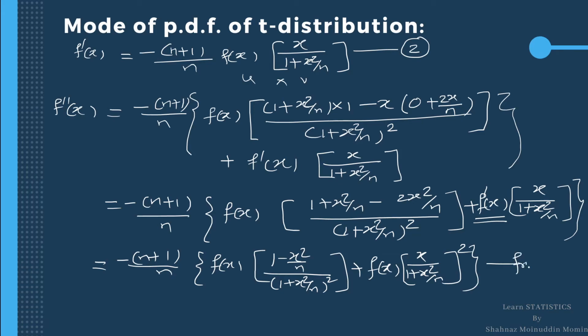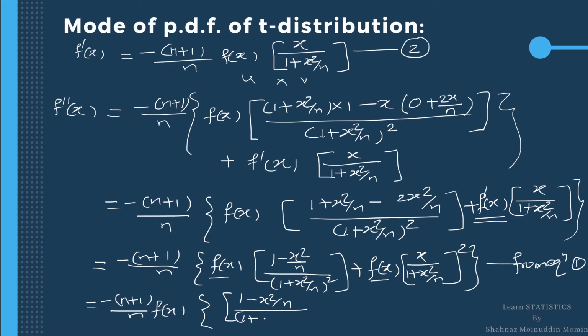From equation 1, I will take this function f x outside the bracket. So in the next step it is minus n plus 1 upon n, f x, into bracket 1 minus x square by n divided by 1 plus x square by n whole square, plus x by 1 plus x square by n bracket square.